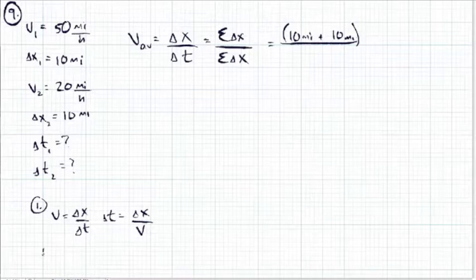So time 1 is going to be 10 miles divided by 50 miles per hour.